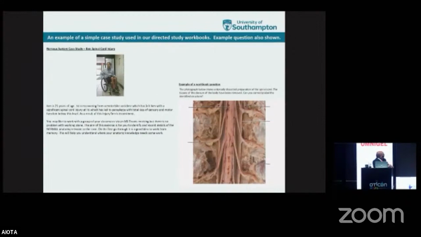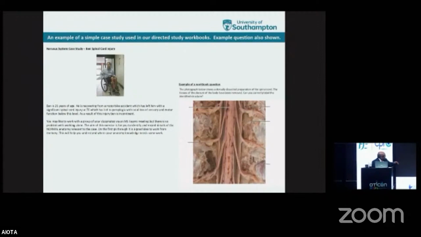This is a nervous system case study of a spinal cord injury, which we give to the first year students. When they study the spinal anatomy, they look at this case study and have to recall the anatomy of the spinal cord.